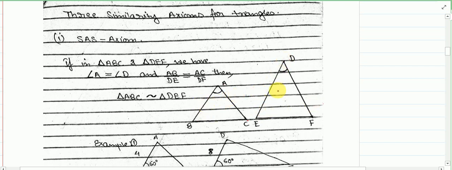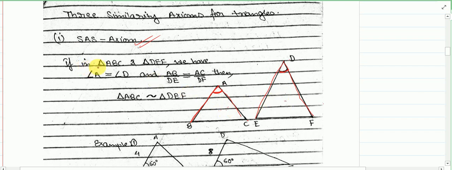So these 2 triangles can be similar to each other by this axiom if one angle, like here this angle, happens to be equal to this angle, and this side is proportional to this side, and this side is proportional to this side, then we can say that these 2 triangles are similar.